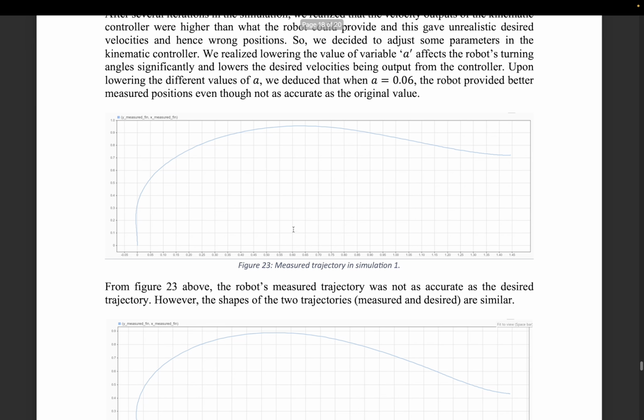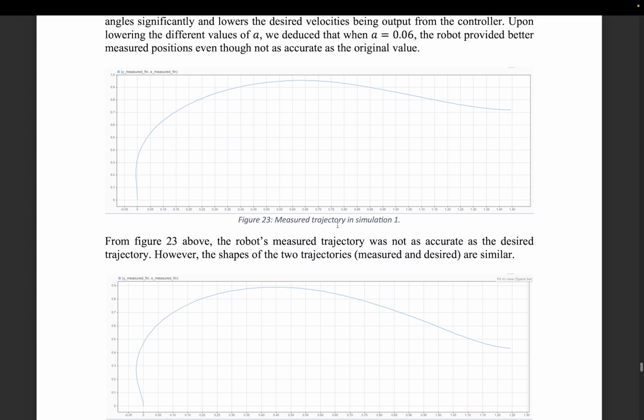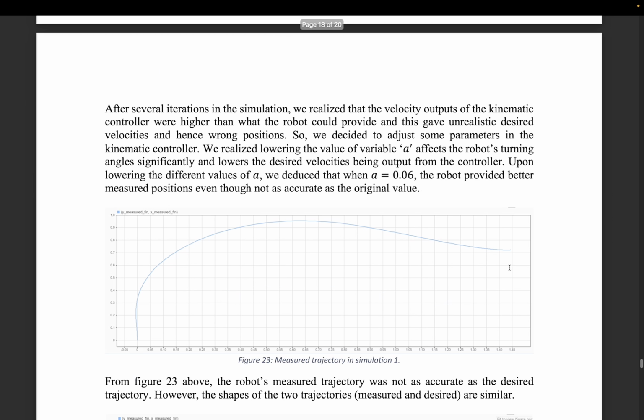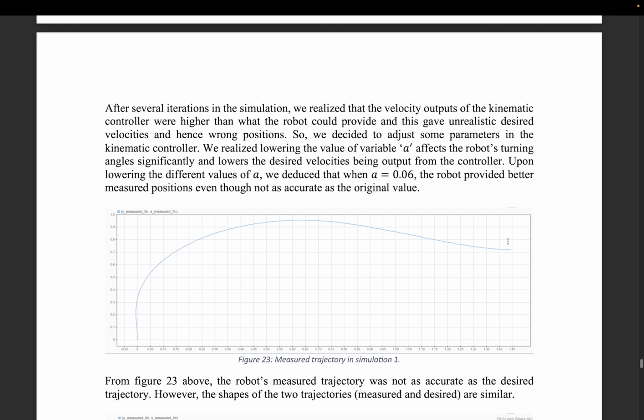However, this is what we got as the actual or the measured one, and you can see that the final x here is 1.5 meters and the maximum y is 0.55 meters. However, here the final x is almost 1.45 and the maximum is 0.9. You can notice that there is a drift, especially due to this arc at the start, that if it was not there, maybe this would have fallen in range with where we want it to be.